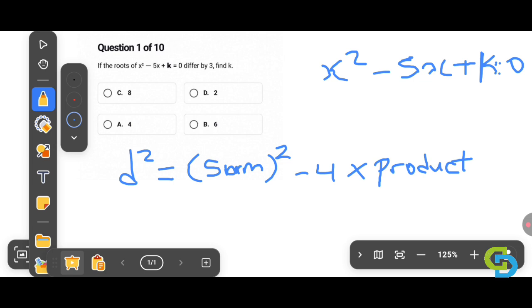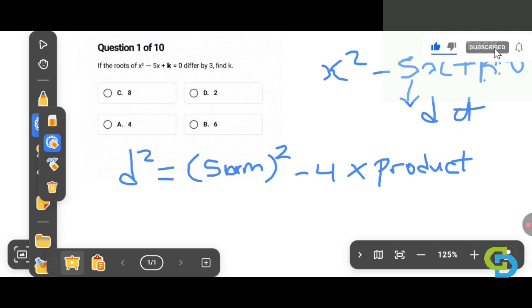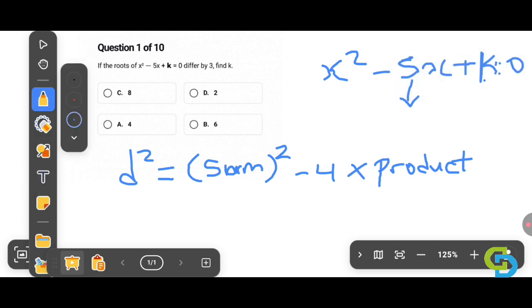Now this one here is called the product. Sorry, this is the sum. I said the product; this here is the sum, while this here is the product. So this is the sum and this is the product.